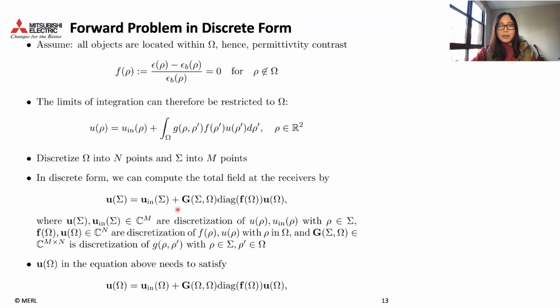But we noticed that in order to evaluate this field, we have to be able to know what is the total field in the computational domain. And to do that, we just plug in rho in my computational domain, and we again discretize this integral equation.